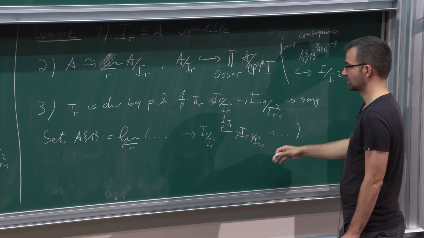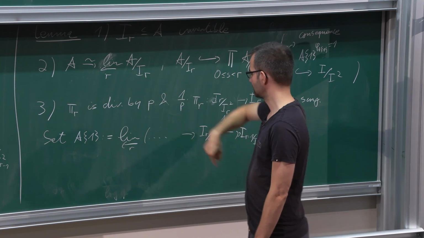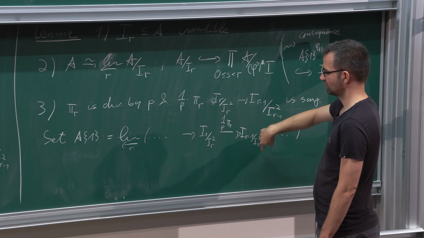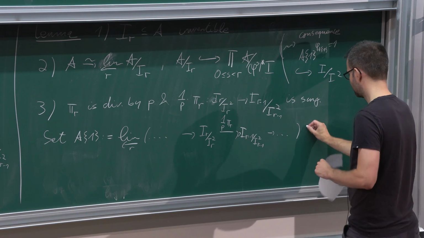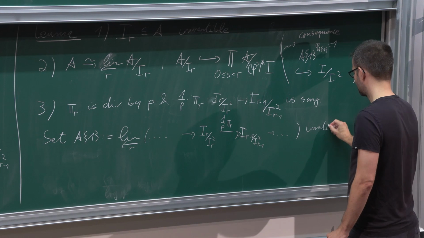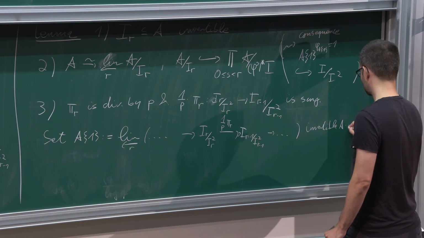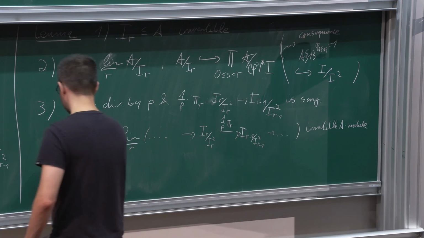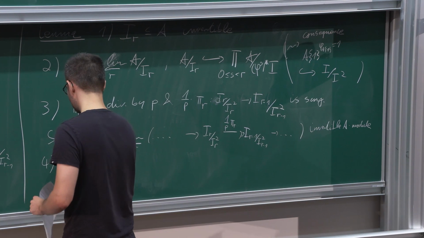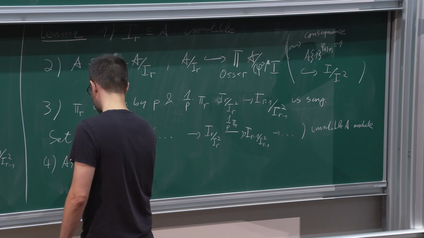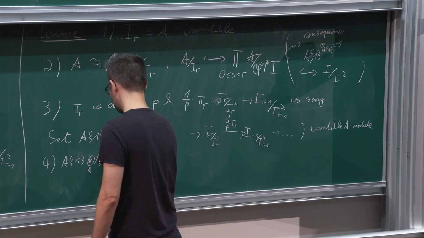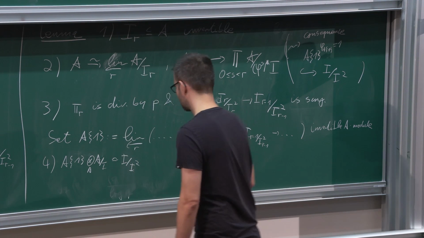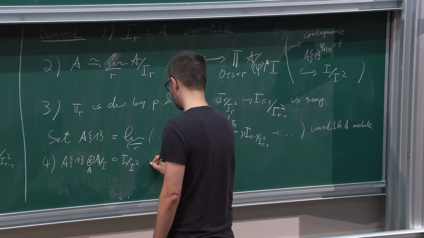And because A is equal to this inverse limit and all these ideals are invertible, that will be an invertible A-module. And then the reduction of this Breuil-Kisin twist modulo I is canonically isomorphic to I mod I squared via the first projection.